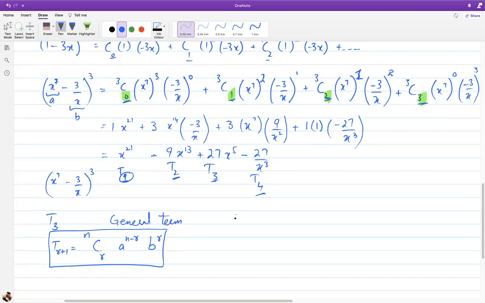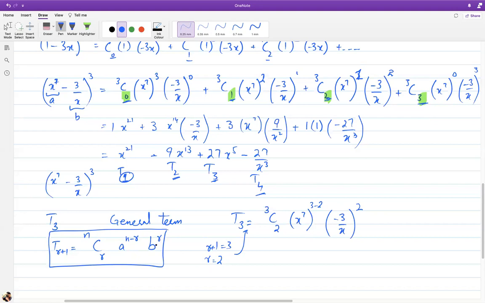So let's suppose they ask you for term number 3. So what do you do? You take, okay, I have term number 3. That means r plus 1 is 3, so r is equal to 2. Okay, term number 3 means r is 2. So 3c2, a to the power 3 minus 2, b to the power 2.